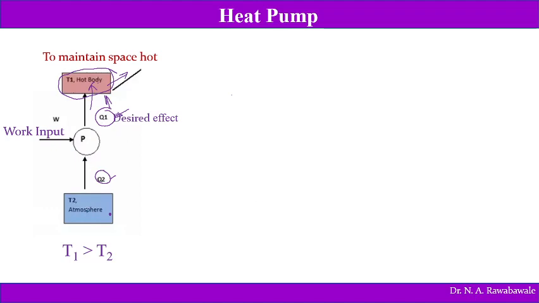Now again heat energy is taken from the atmosphere or surrounding which is at lower temperature than the room. So heat is supplied continuously to this room in order to maintain the temperature of the room above atmospheric temperature. So here the desired effect is Q1 and the work input is W. So the COP of a heat pump is defined as the desired effect to the work input.